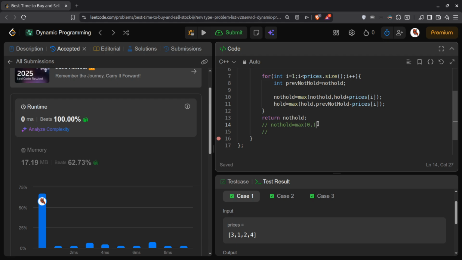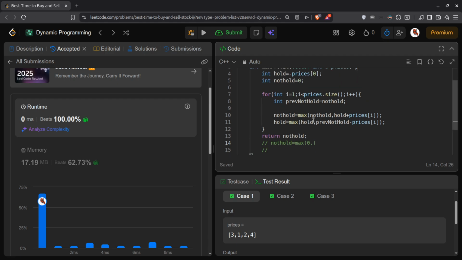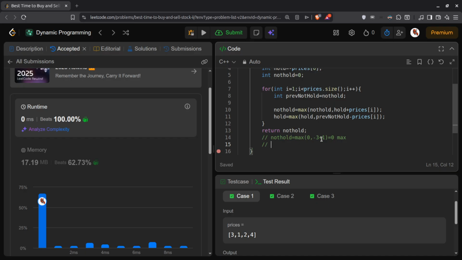So at index day 0 the price is 3. Okay, so hold plus price. Hold is minus 3 plus price at index 1, which is 1. So it will be something like minus 3 plus 1. Max value will be 0. Same we will do for hold.